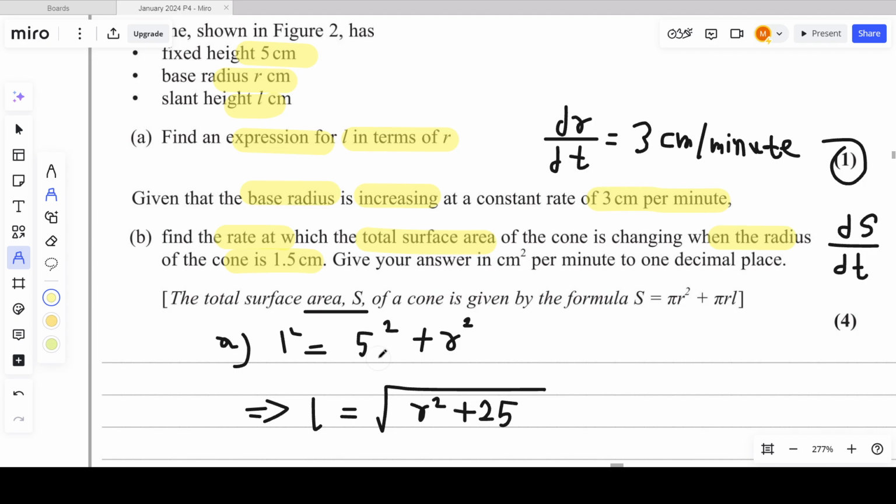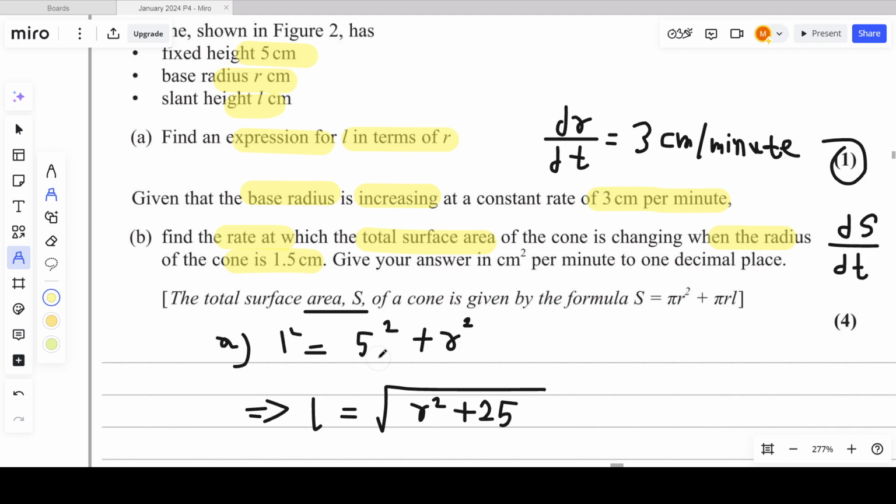This type of question is very frequent in past papers, questions from rates of change. For this type of question, the concept is that we have to represent the rate of change equation in terms of the known rate of change equations. Make sense?